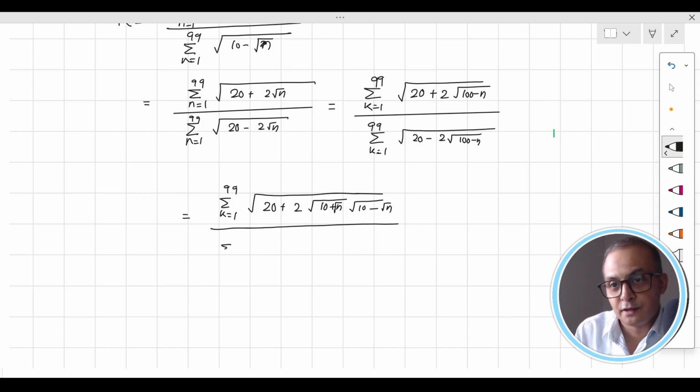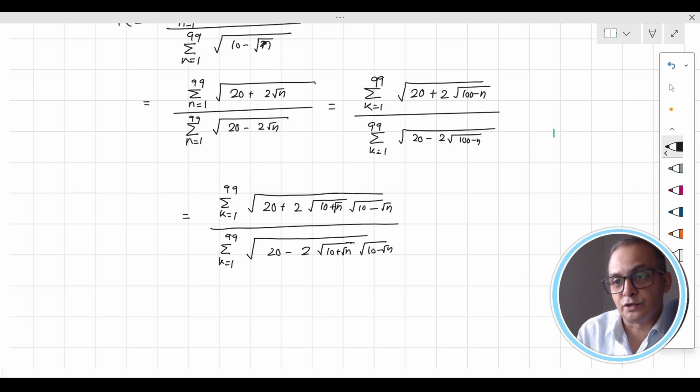So the same thing we are going to do in the denominator, and that is going to be 20 minus 2 times 10 plus root n and 10 minus root n.